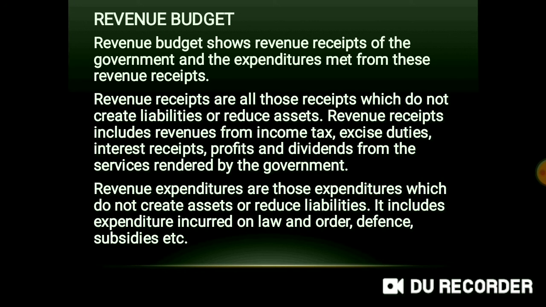This revenue is in the form of income tax, excise duty, interest payments, profits and the dividend earned by the government by giving services to the people. So these are the revenue receipts. These revenue receipts do not create any liabilities or reduce any property or assets of the government. Is it clear?